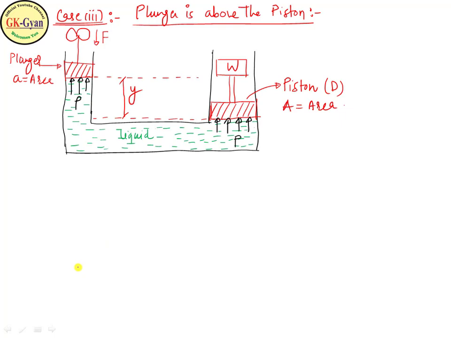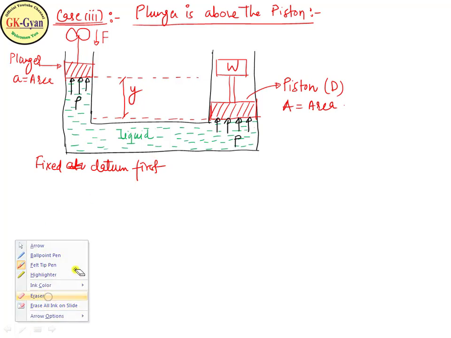In this case, the plunger is above the piston by a distance or height y. Here the pressure will be P. The concept is to fix the datum first, our reference plane.